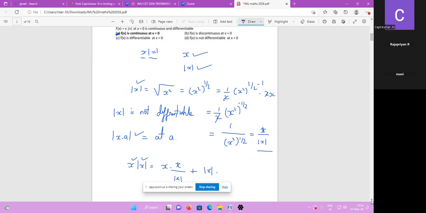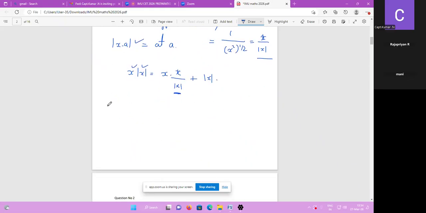So the point to ponder is that mod of x minus a is not differentiable at x equal to a. Other than that, it is okay. Remember that at any real number other than a, it is differentiable.